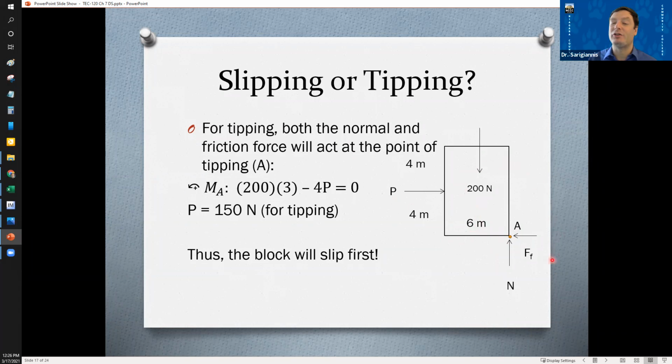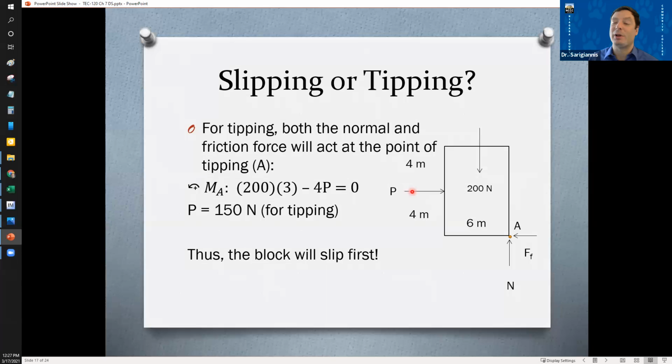So you can look at this and do sum of the moments about A equals 0. Again, this is the point at which tipping is sort of impending. And what do we have? We've got our moment about A. The weight of the object is directed in the center of gravity, 200 newtons. So the center of gravity is 3 meters from either side, right? We're saying that this object has 200 newtons acting at 3 meters from point A. That's the counterclockwise moment.